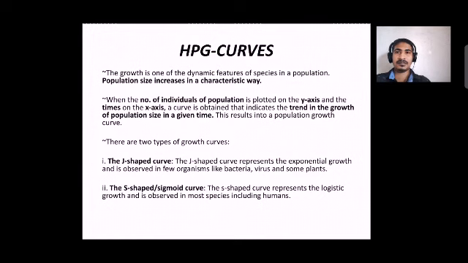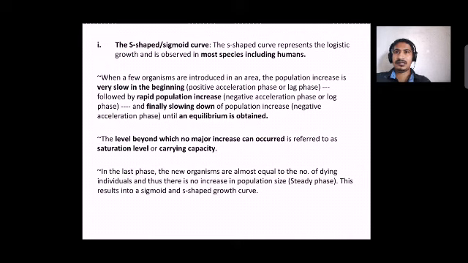The J-shaped curve represents the exponential growth and is observed in few organisms like bacteria, viruses, and some plants, like I stated earlier, whereas the sigmoid or S curve represents the logistic growth and is observed in most species, including human beings. When a few organisms are introduced in an area, the population increase is very slow in the beginning, then there is rapid growth in the population, and finally it slows down, coming to an equilibrium.